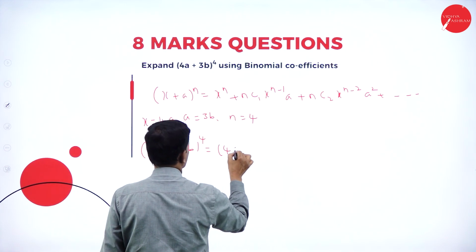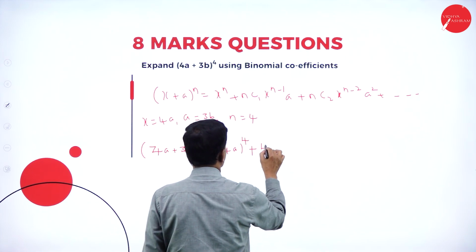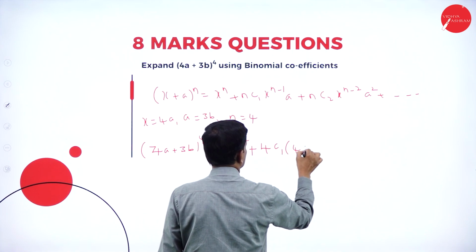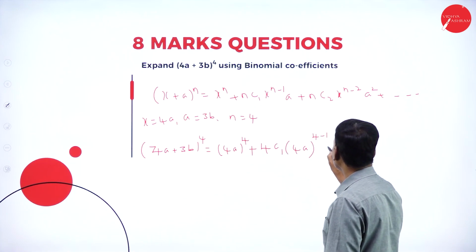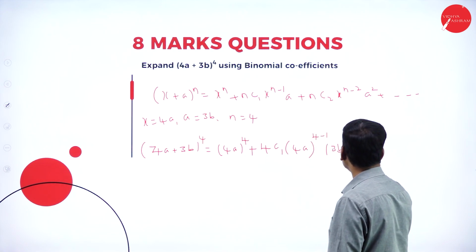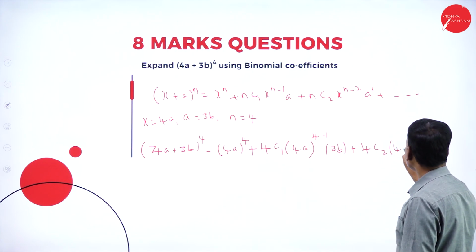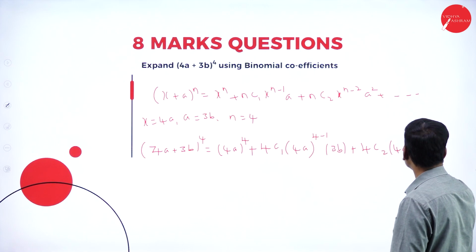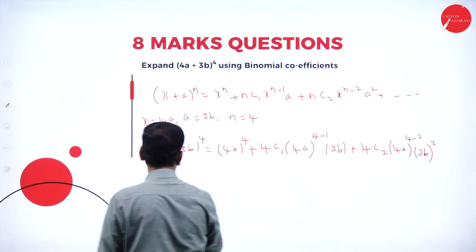Using this formula, we can write (4a plus 3b) to the power of 4: x raised to n means (4a) to the power of 4, plus 4C1 into (4a) to the power of n minus 1, into a, which is 3b, plus 4C2 into (4a) to the power of 4 minus 2 into (3b) whole square. Next term, what is the next term?